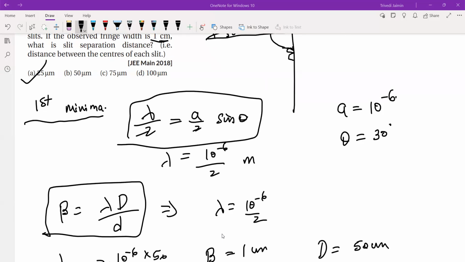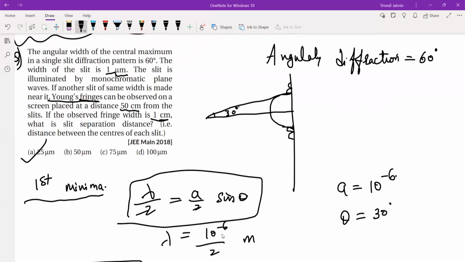When you see the diagram here, this is the first interference we got, at first minima, and the second interference is the second slit. When this second slit comes in the question, that's what we are seeing here.